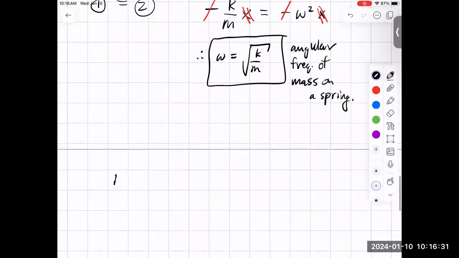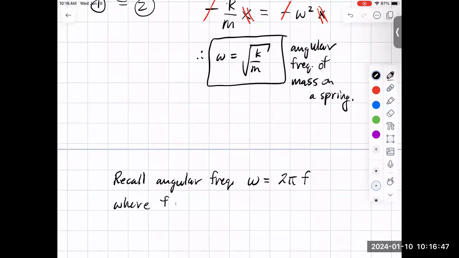So let's recall the angular frequency omega is equal to 2 pi times f, where f is the number of cycles per second. The frequency was also related to the period of the oscillations.